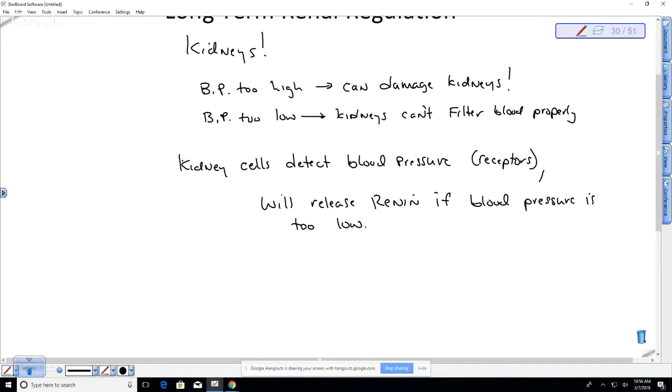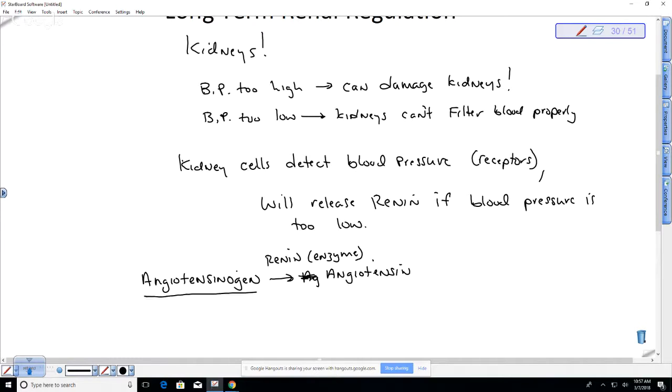What renin does is it is actually an enzyme, and renin is involved in converting angiotensinogen to angiotensin. So the renin is an enzyme. Angiotensinogen is the inactive chemical that is in your blood.